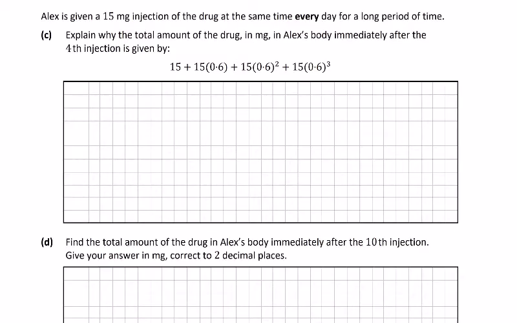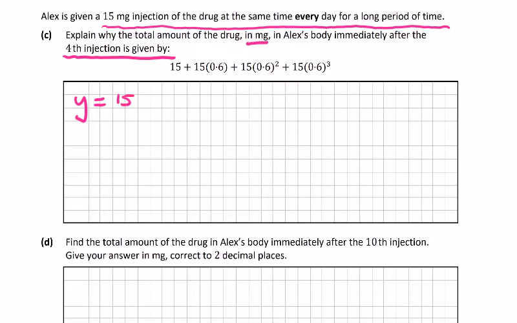Part C. Alex is given a 15 milligram injection of the drug at the same time every day for a long period of time. Explain why the total amount of drug in milligrams in Alex's body after the fourth injection is given by this. Well, we had our equation, y is equal to 15 by 0.6 to the power of t. I think what they're looking for here for this explain is just this: time equals 0 is the initial amount.